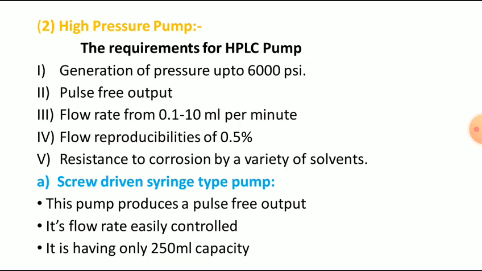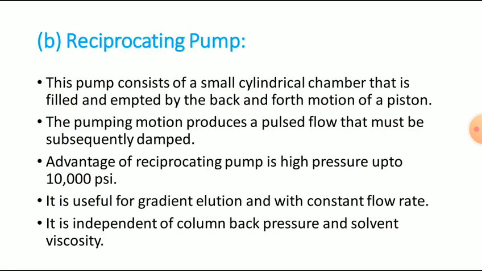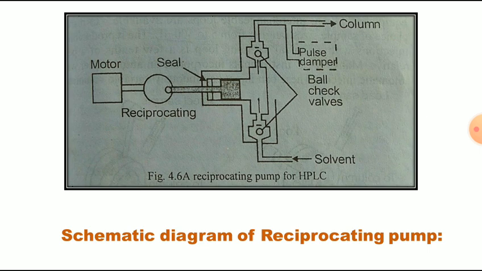The second one is the reciprocating pump. Actually, there is a diagram of this reciprocating pump. First of all, we will see that diagram. See, this is the schematic diagram of the reciprocating pump. In this case, this will be the motor.